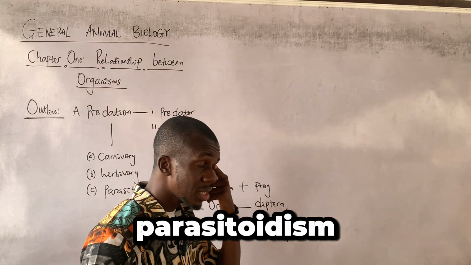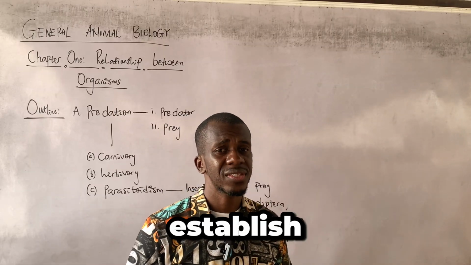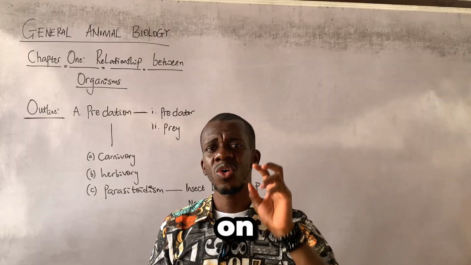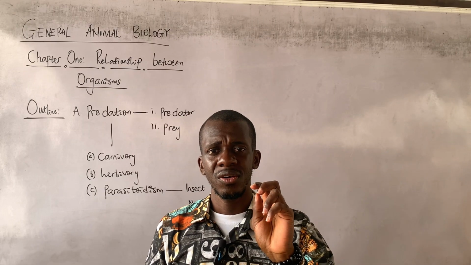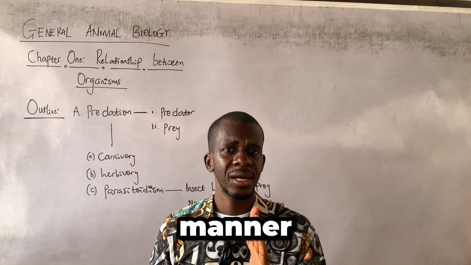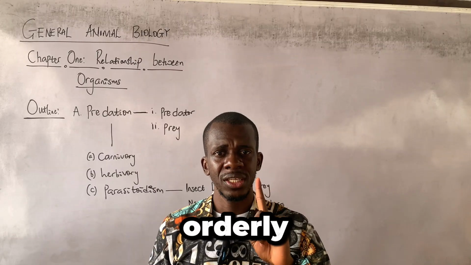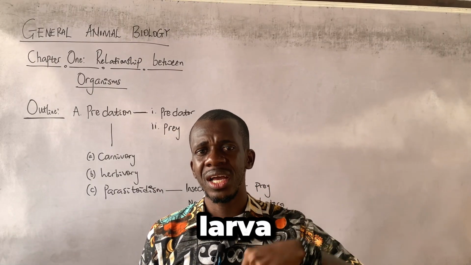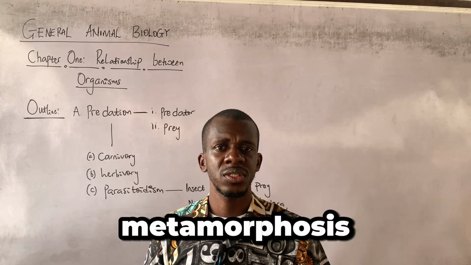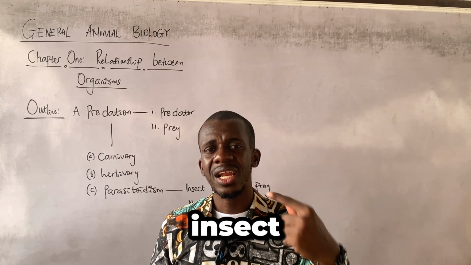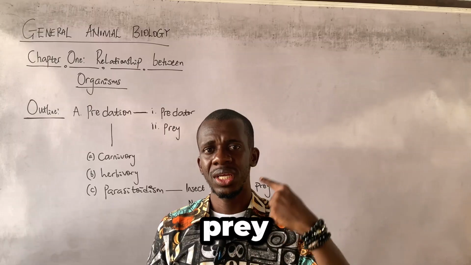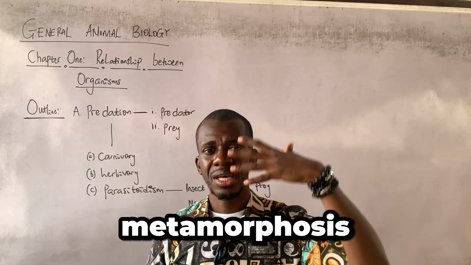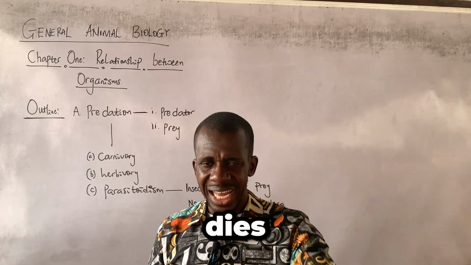Now, in parasitoidism, again, we also have to establish here that the parasitoid feeds on its prey in an organized manner. It's usually very orderly, such that the prey does not die before the larva has completed its metamorphosis. So the insect larva feeds from the prey, and then when it has completed its metamorphosis, the prey dies.